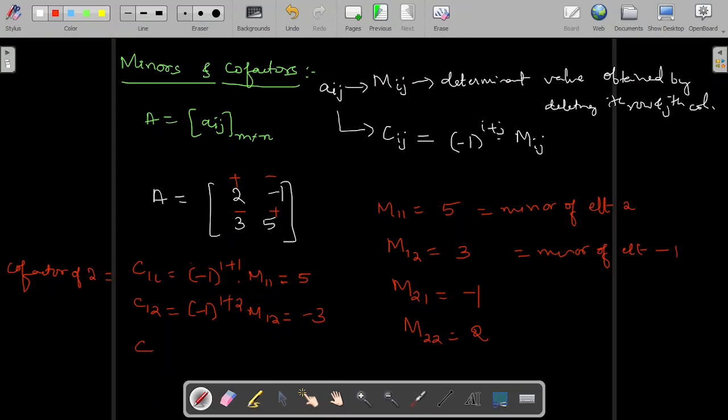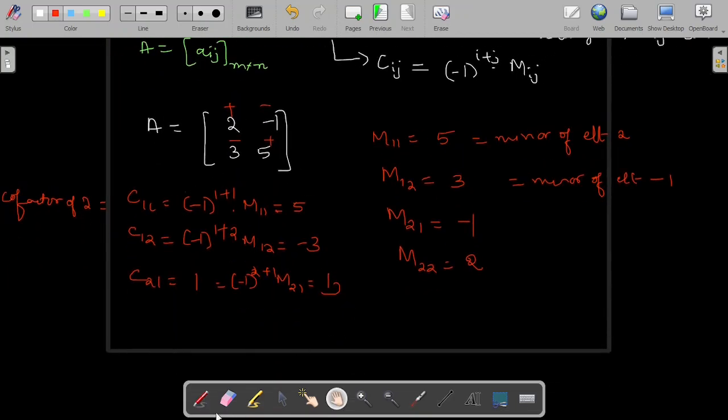So therefore C21 equals, what is the minor of 3, which is minus 1. Minus 1 into minus, so minus of minus is plus 1. If you are getting confused, use the formula minus 1 to the power 2 plus 1, which is minus 1 to the power 3, which is minus, and M21 gives you plus 1.